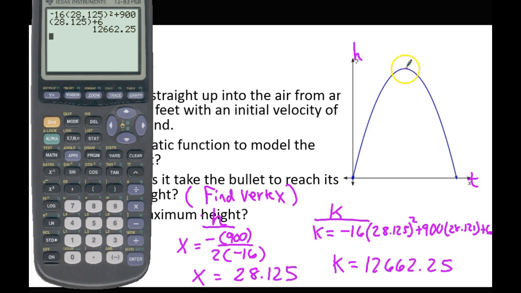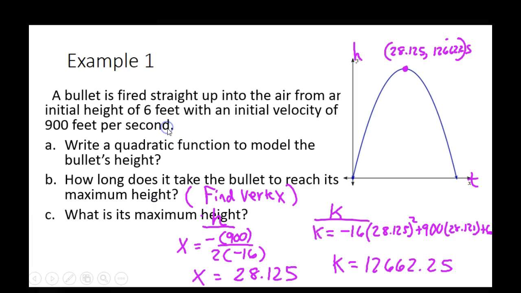Okay, so let's label that on our graph. That's kind of helpful to actually see that number on our graph. So we haven't answered the question yet exactly, because what's the question asking us to find?